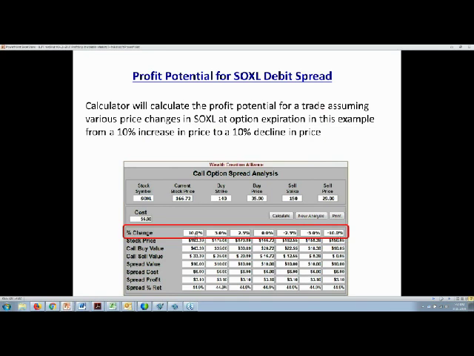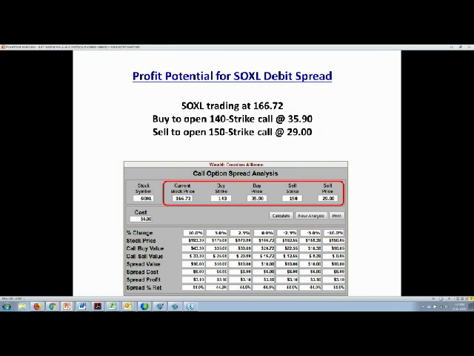These inputs are variable, so you can input whatever you want to see the profit potential for a stock. In this example, we're assuming a 10% increase in the stock price in this column and a 10% decrease in the stock price in this column. It'll calculate the profit potential based on the closing price of the stock at option expiration.